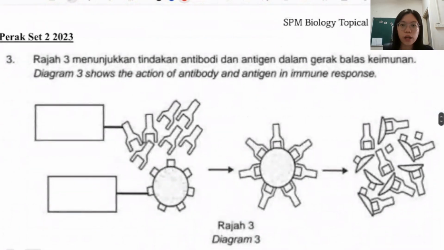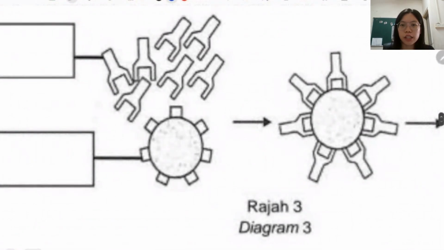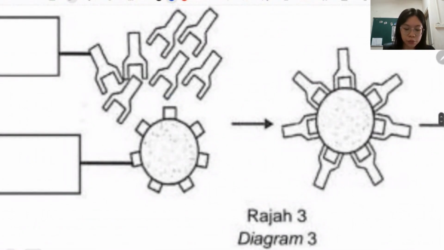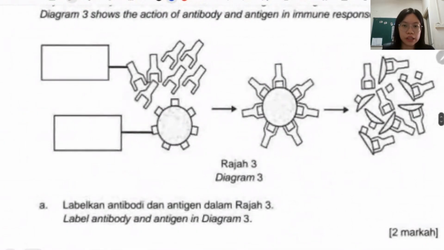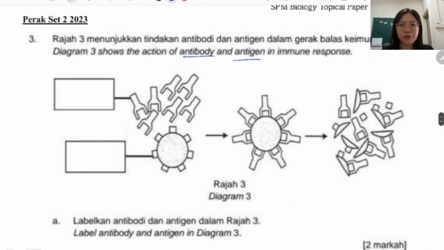Now let's take a look at this part. So this is basically a very specific action, because you can see the shape has to be complementary. So it emphasizes the specificity. Okay, so it involves antibody and antigen. So it's the third line of defense.